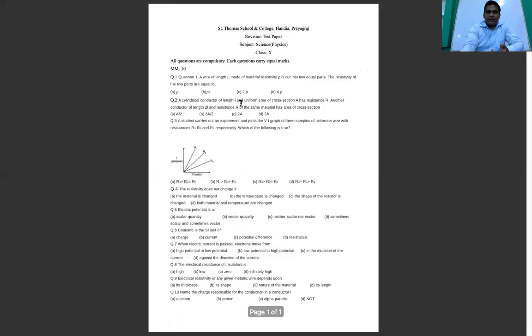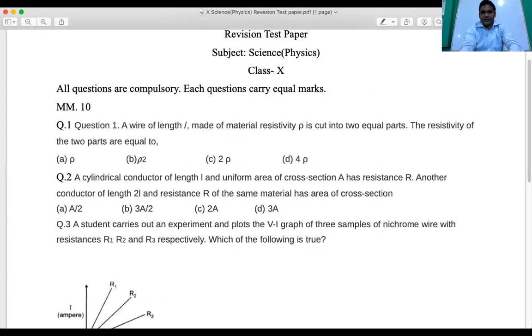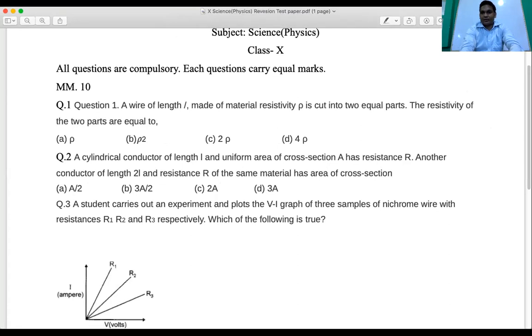Look here, in the first question, the question is: a wire of length L and material of resistivity rho is cut into two equal parts.